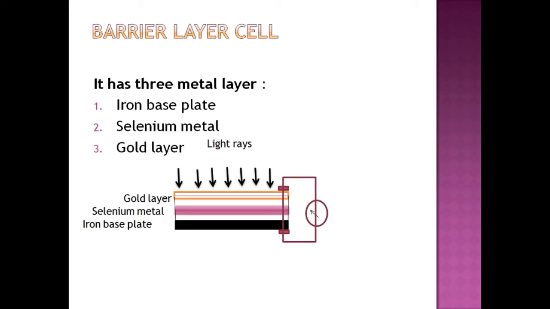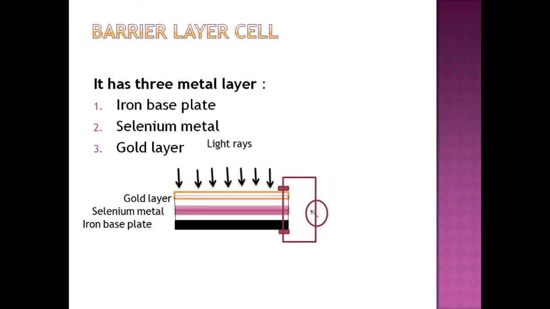When light rays hit the surface of the barrier layer cell, that is the gold layer, electrons are generated at the interface between gold and selenium, and due to the light rays hitting, these electrons start flowing toward the gold layer.